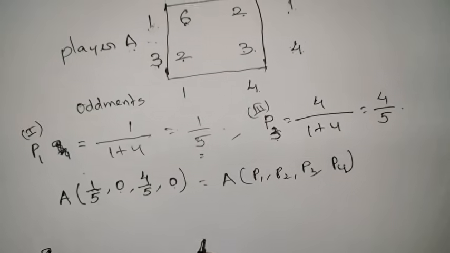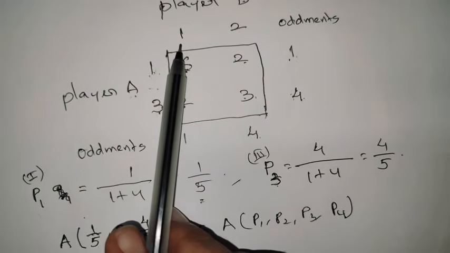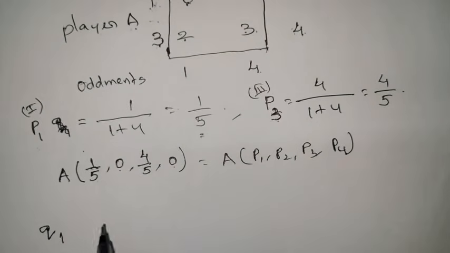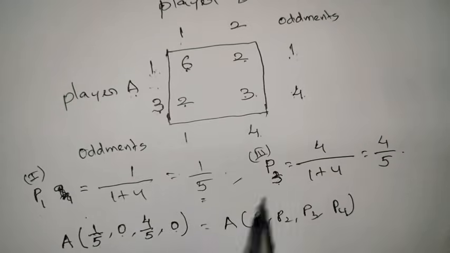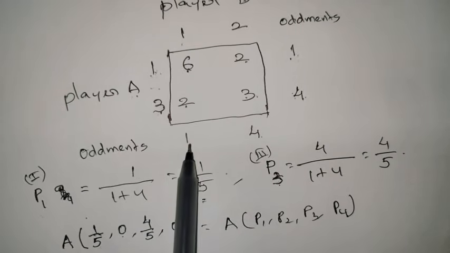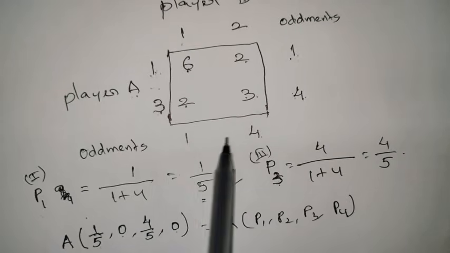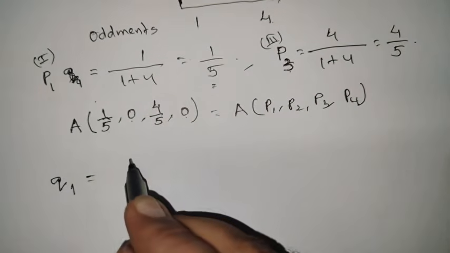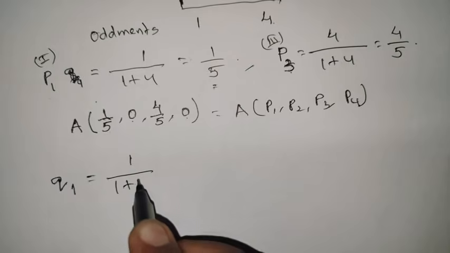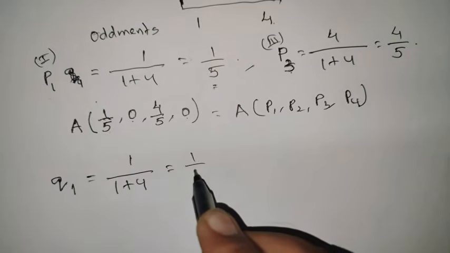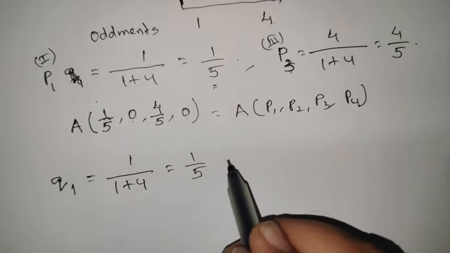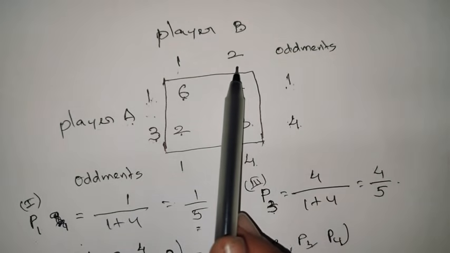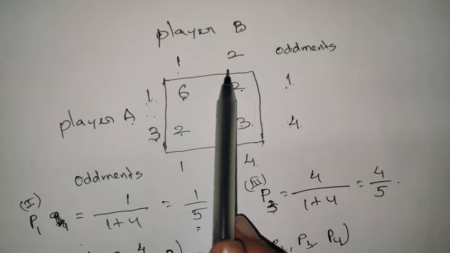So probability of selecting the first strategy, Q1, I am taking is equal to, what is the first strategy argument? 1 by the sum of strategy arguments, 1 plus 4. So I am writing it as 1 by 1 plus 4, equal to 1 by 5. Similarly, for player B, the second strategy is available. So probability of selecting the second strategy.